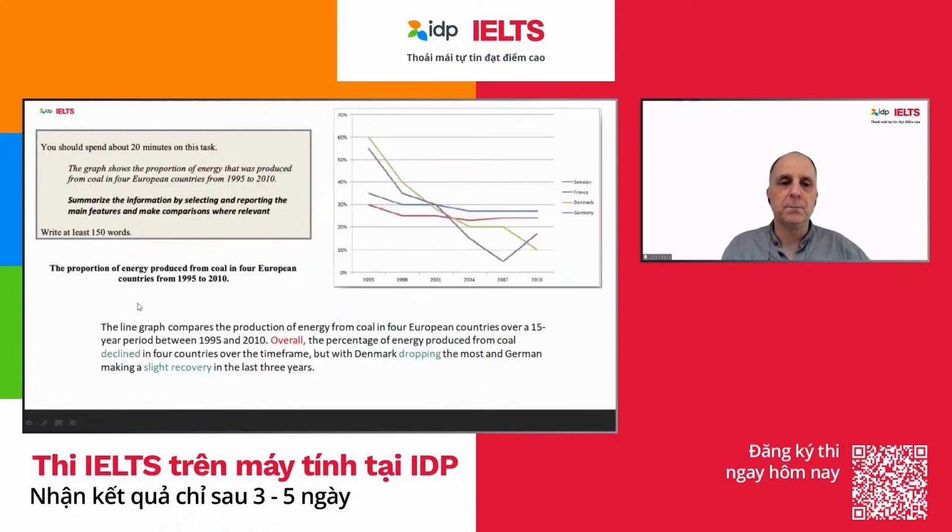Here is an example. So, the line graph compares the production of energy from coal in 4 European countries over a 15-year period between 1995 and 2010. Overall, the percentage of energy produced from coal declined in 4 countries in the time frame, but with Denmark dropping the most and Germany making a slight recovery in the last 3 years.